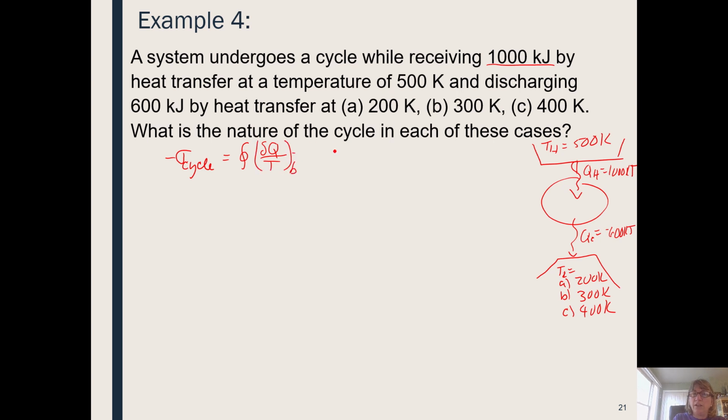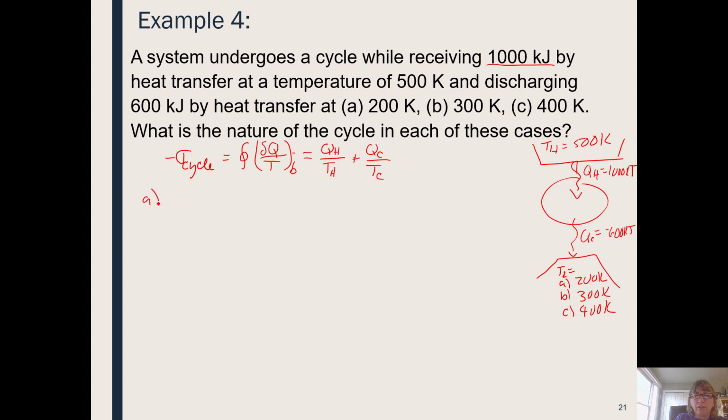In this particular case, we have just two systems, one going in and one going out. So we have our Q from the high, and we have Q from the low. Then we're going to calculate sigma cycle.